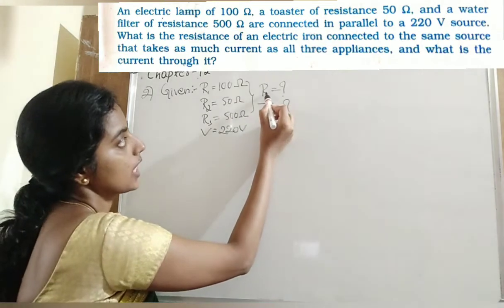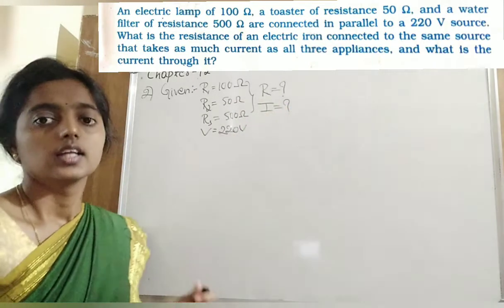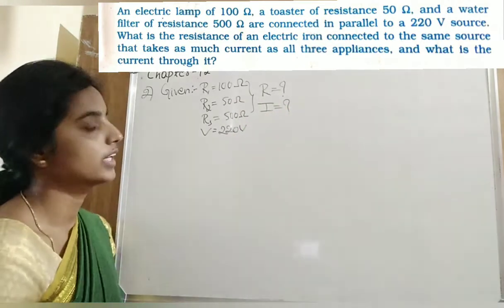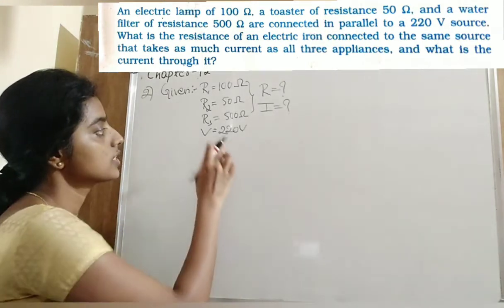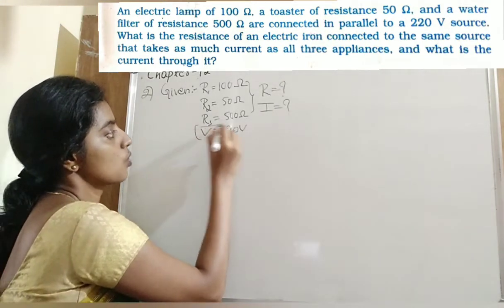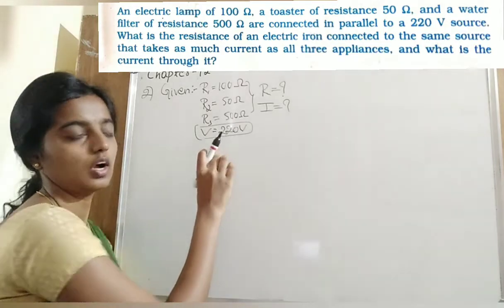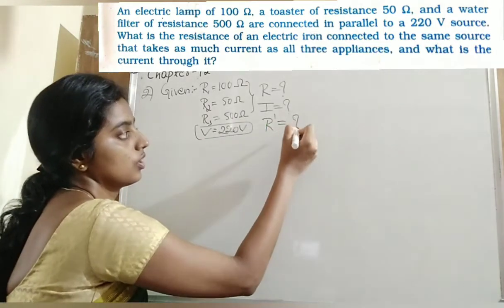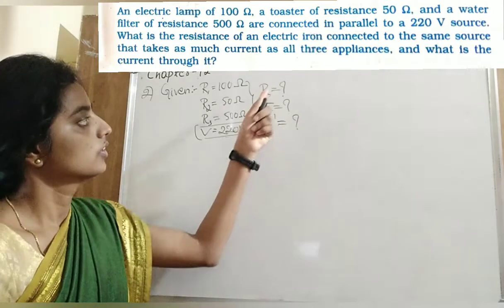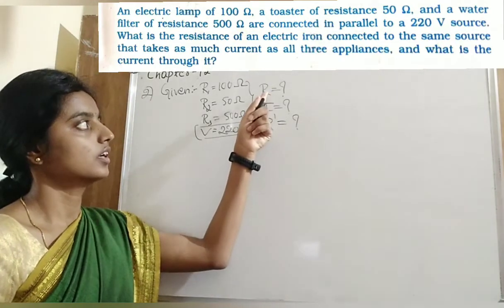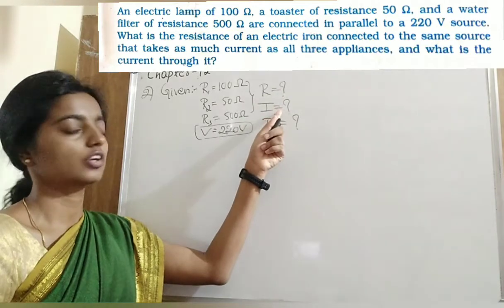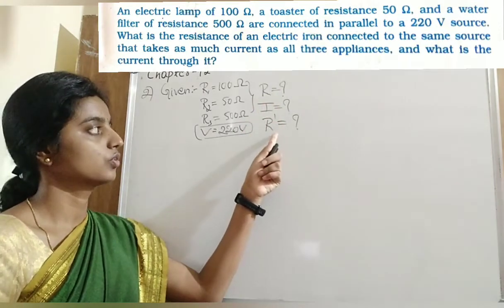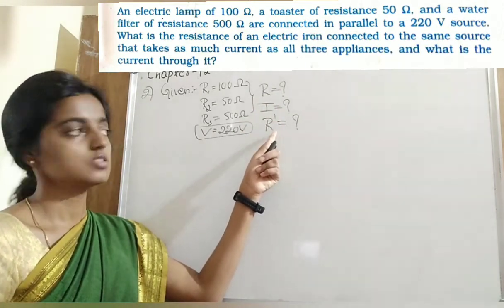So I am indicating it as R. The next question they are asking is to find out the resistance with the same source of a battery. So I'll name it as R dash. Understand the question? We need to find three terms here: R, resistance, then using that we need to find out current. After finding the current, we need to find out the resistance.